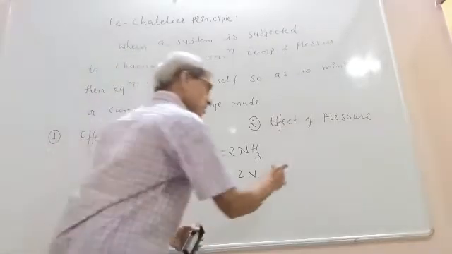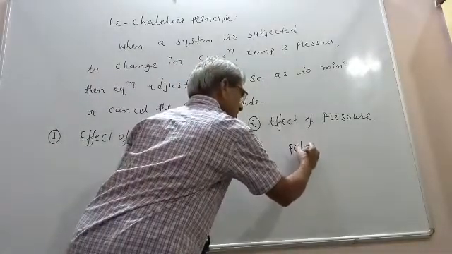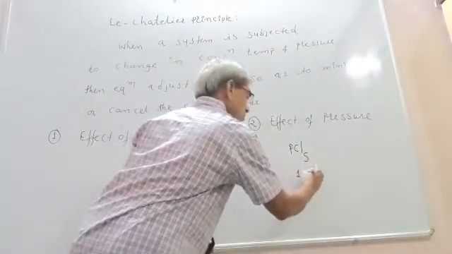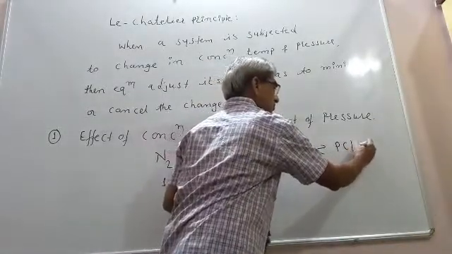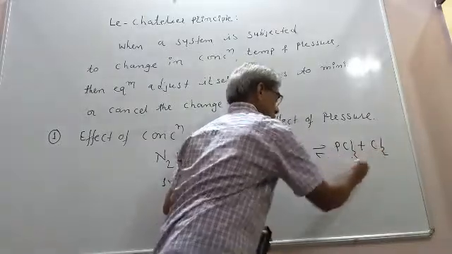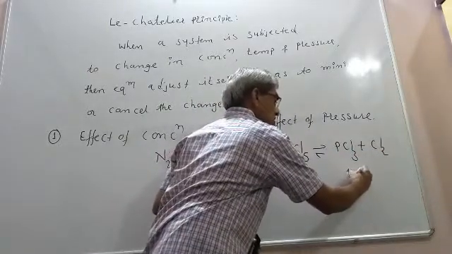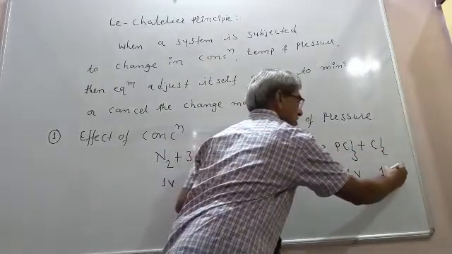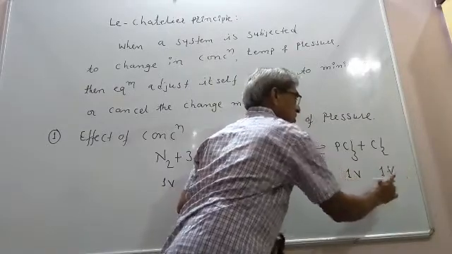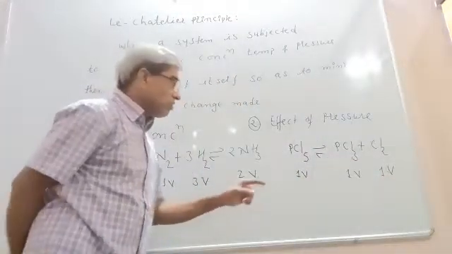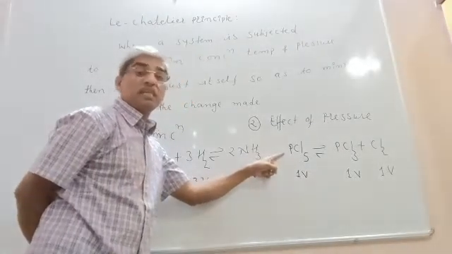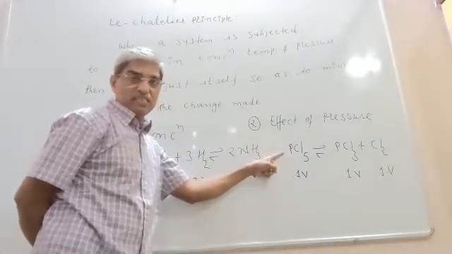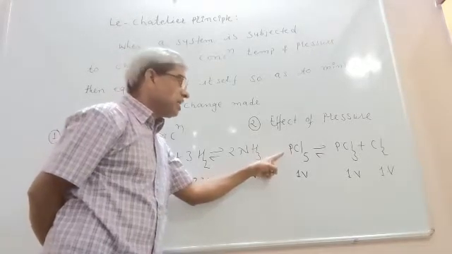If we consider one more example, PCl5, 1 volume, gives PCl3 plus Cl2, 1 volume of PCl3 and 1 volume of Cl2. Now if the pressure of the system increases, then what will happen?